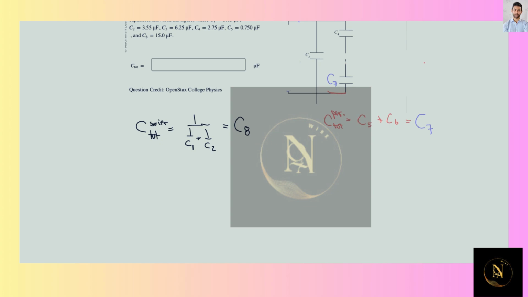From now, I'm not going to do any calculation. We're going to leave the calculations until the very end. And the other one that is connected in series is this section over here, C4 and C7. So the new capacitance that we're going to call C9 is going to be equal to 1 over C4 plus 1 over C7.